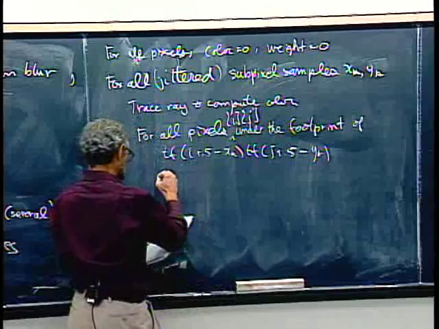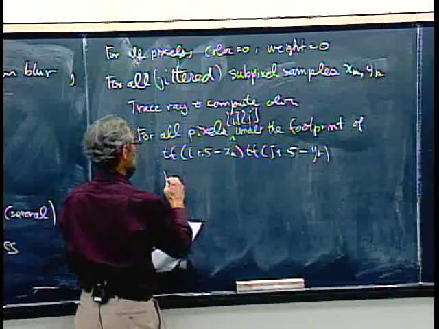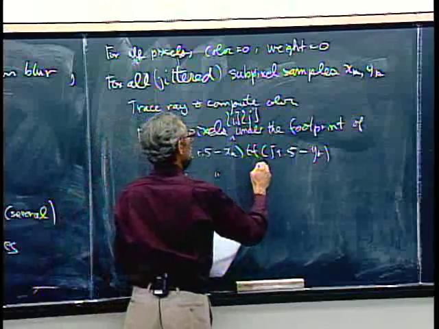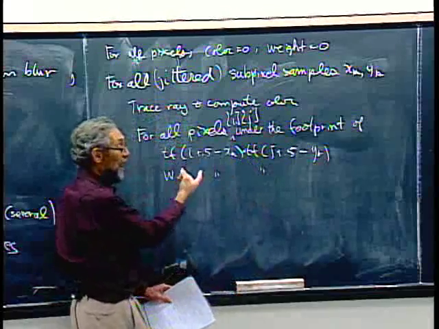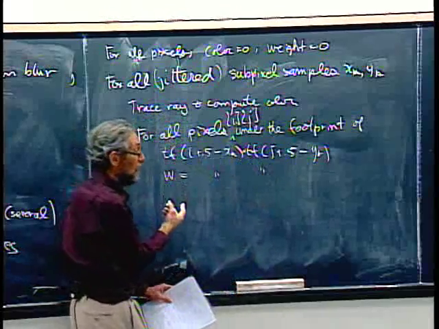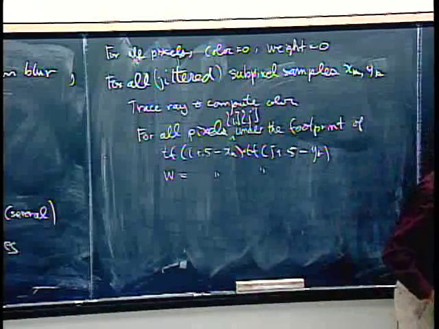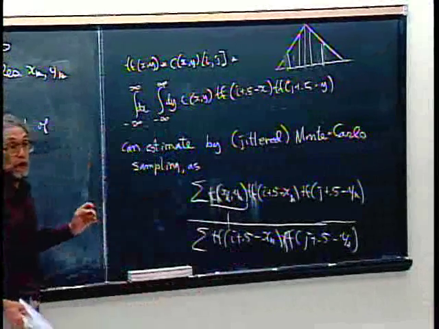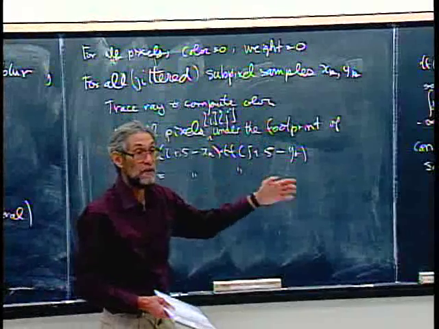What are you going to do? So the weight is this product, right? That's this. You evaluate the 2 triangular filters to get the weight, which is the weight you're going to use in the weighted average. And what you're going to do is build up this sum and this sum over all pixels that subpixel jittered sample could affect in this computation.